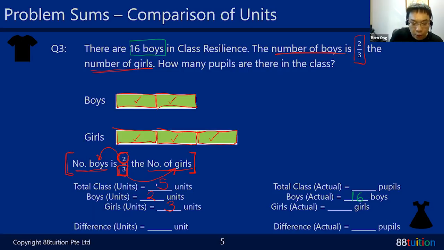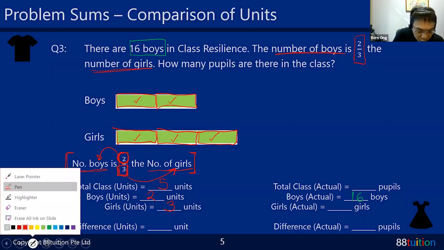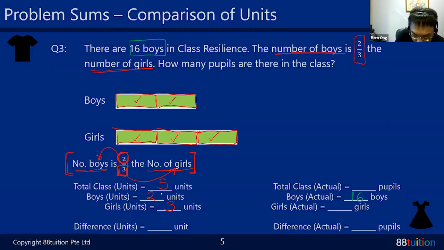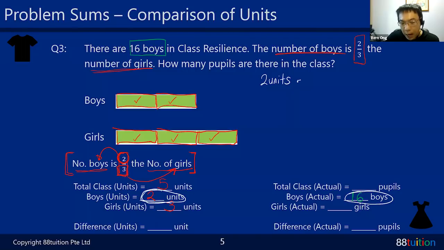And look, the question says they got 16 boys, right? Which 2 numbers do you have? Boys, 2 units. And 16 boys. Boys and boys, the same thing, right? 2 units here represent the boys. How many boys are there? 16 boys.